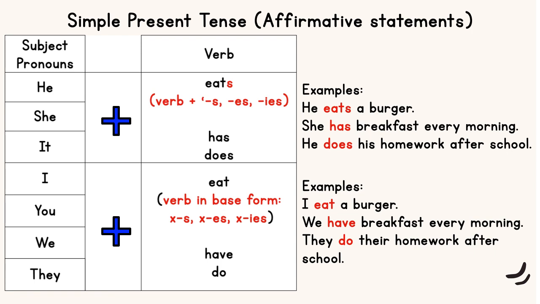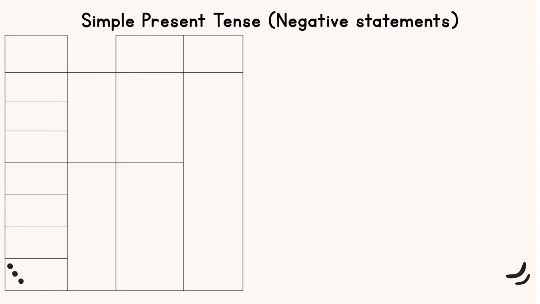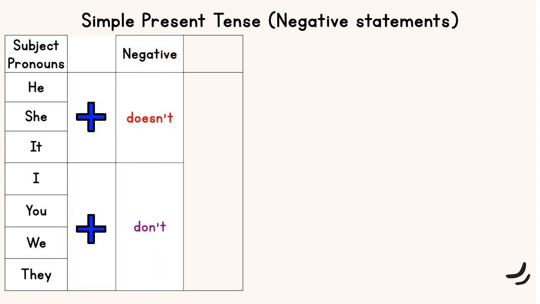Okay, affirmative means you say yes to something, negative means you say no to something. Okay, so for negative statements, when we look at the subject pronouns, he, she, it, I, you, we, they is still the same as the affirmative statement. Okay, so negative statement, we use doesn't and don't. Okay, negative, tidak, doesn't.